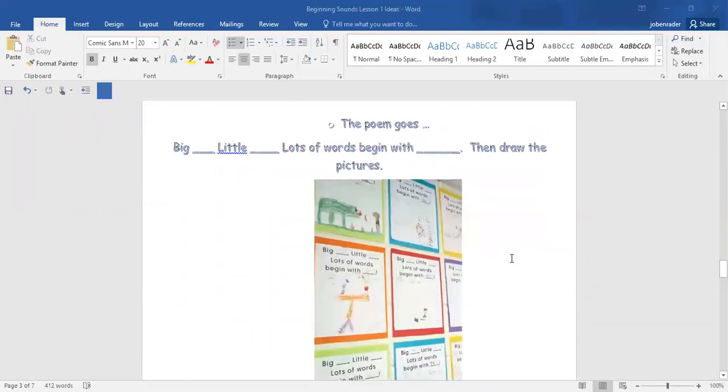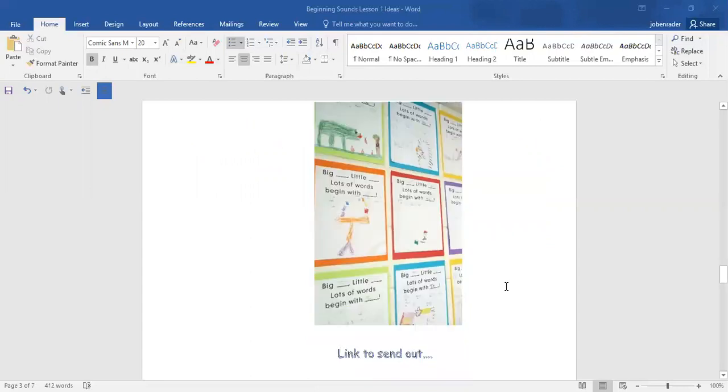And then we have the poem, and you can make a poem that goes big J, little j. Lots of words begin with J. Then draw the pictures. So you could draw multiple pictures, or you could draw this one here. If you can kind of see it, a nice preschool drawing, you can see that they drew a juggler. Juggler begins with J. You don't have to use the first initial in your name. You could use something else and some other letter to practice with.